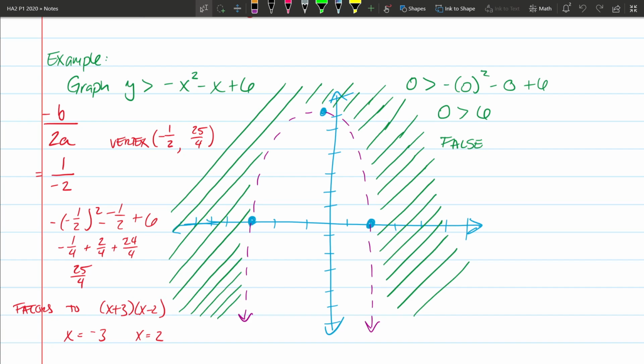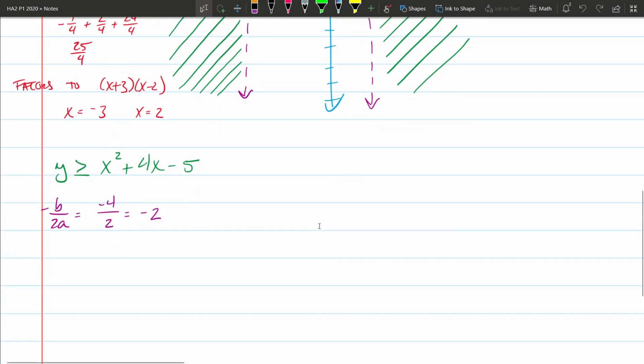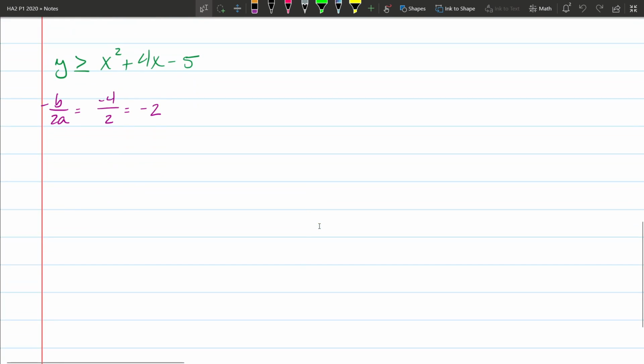It will be negative b over 2a, which will be negative 4 over 2. So my x component is going to be negative 2.